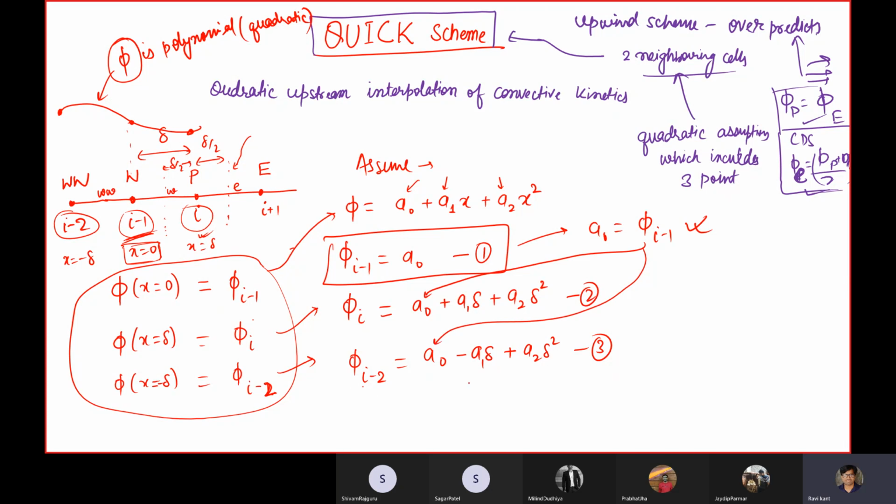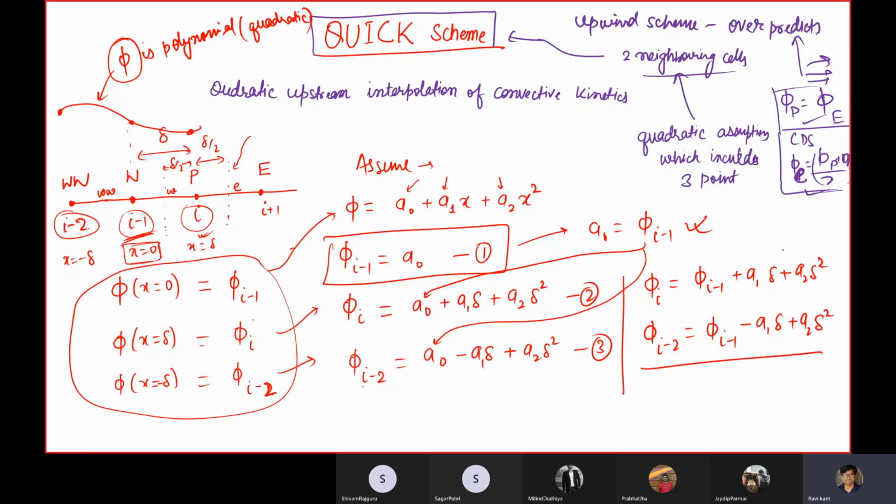Let's do this calculation. So phi I is equal to phi I minus 1 plus a1 delta plus a2 delta square, and phi I minus 2 is phi I minus 1 minus a1 delta plus a2 delta square. We can directly add, or first we do subtraction.